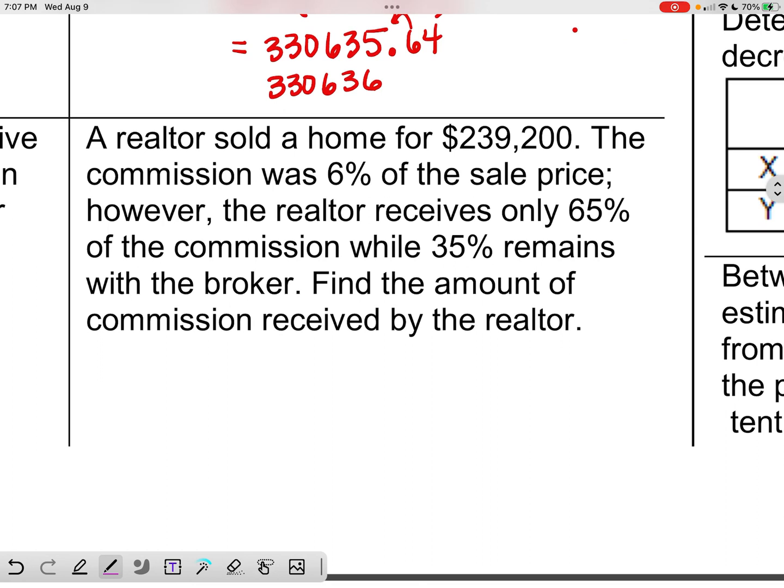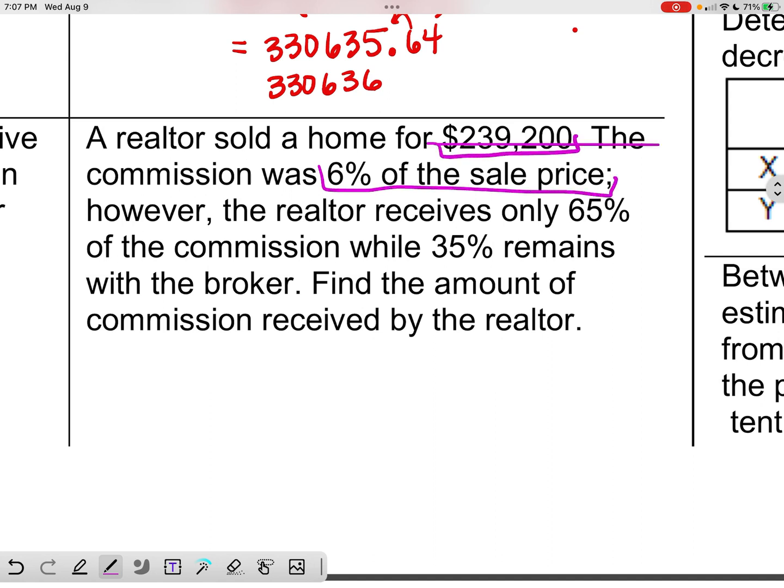A realtor sold a home for that much money. The commission was that percent of the sale price. However, she only received 65% of the commission, while 35% remains with the broker. Silly brokers. Find the amount of commission received by the realtor. Okay, so the first thing mathematically is we need 6% of the sale price.